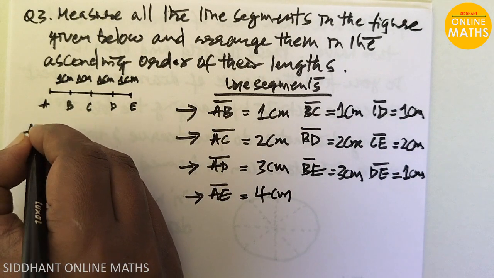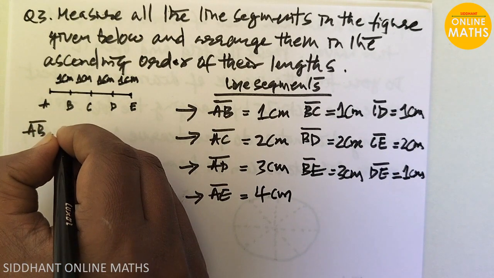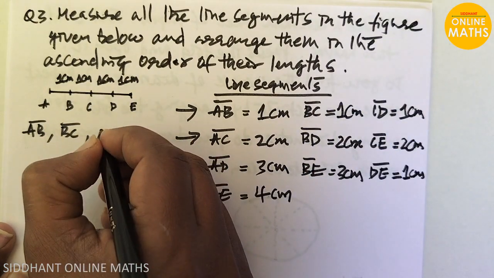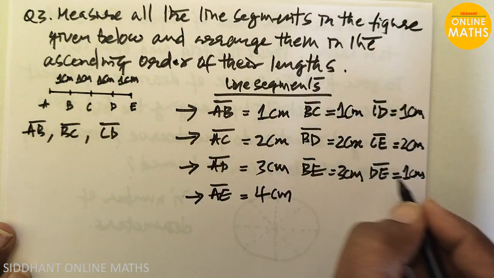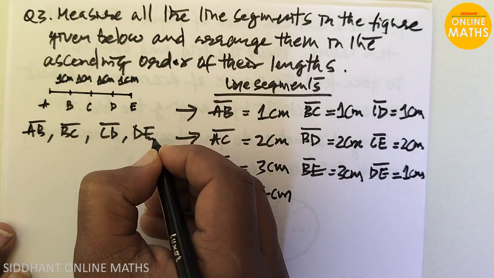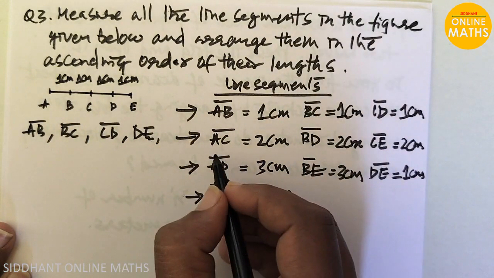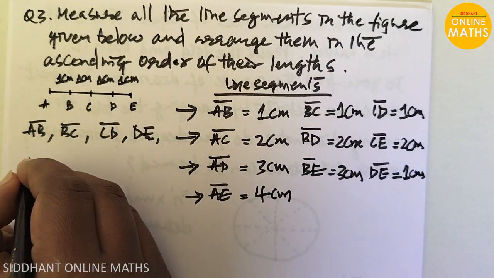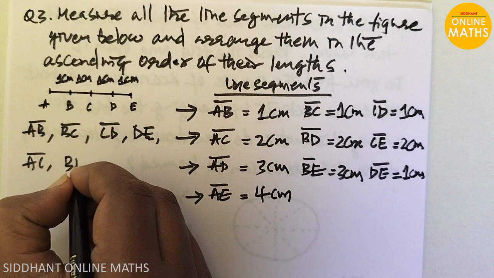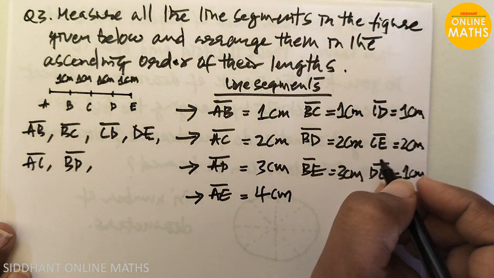AB, BC, CD and DE. So these are the lower part. Next coming to 2 centimeter: AC, BD, next CE.